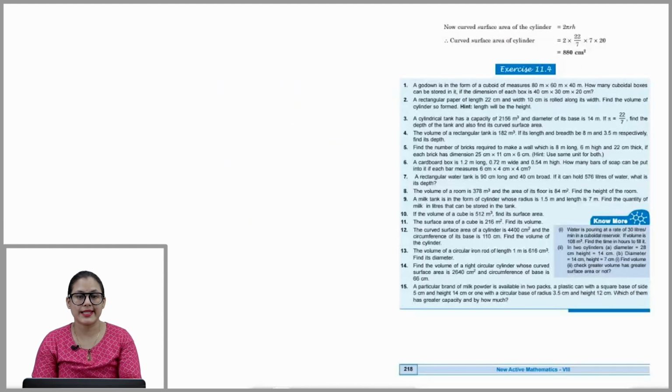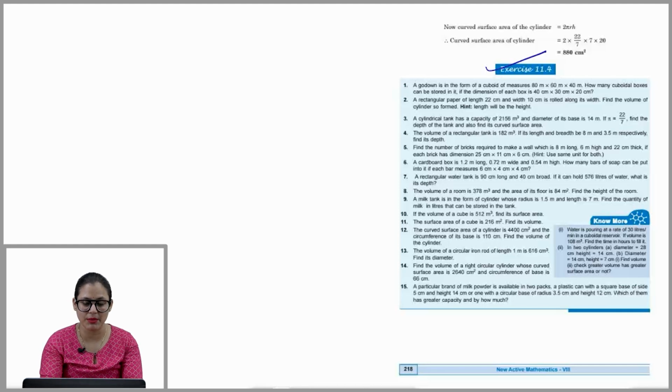Let's do exercise 11.4. A godown is in the form of a cuboid of measures this, and how many cuboidal boxes can be stored in it if the dimension of each box is 40 centimeter, 30 centimeter and 20 centimeter. First see, these dimensions are in meter and these dimensions are in centimeter.